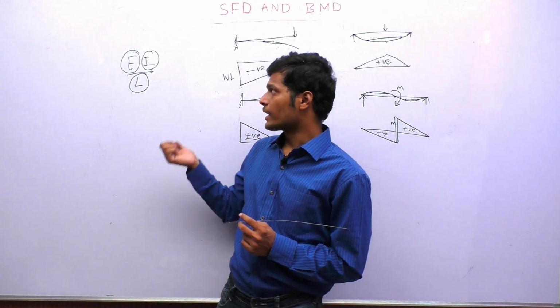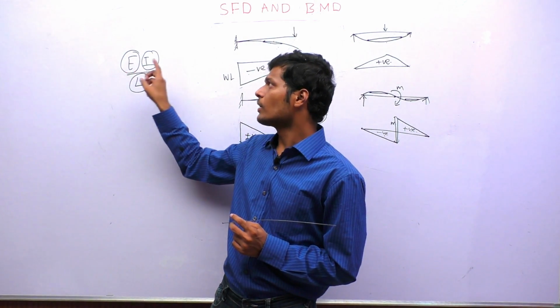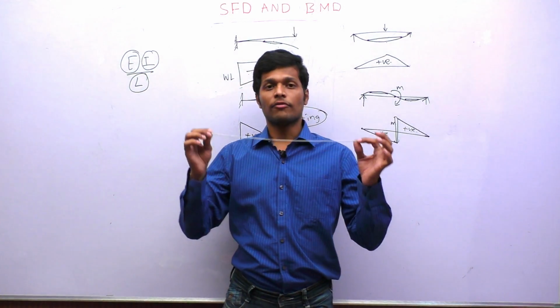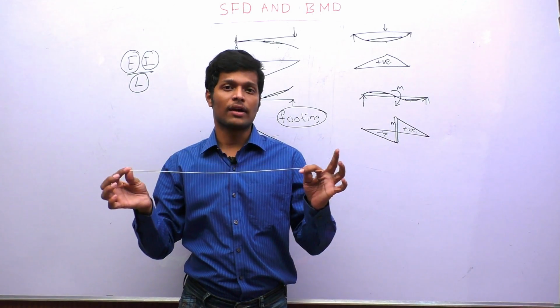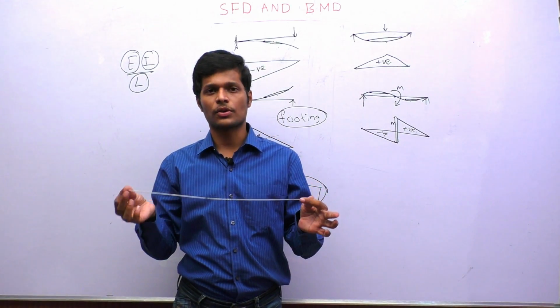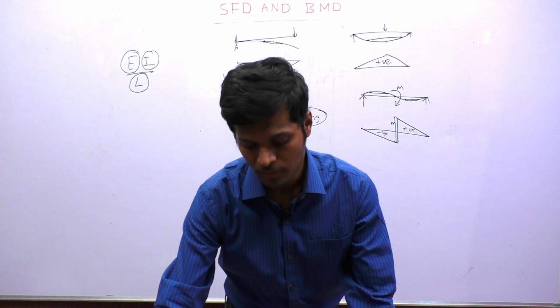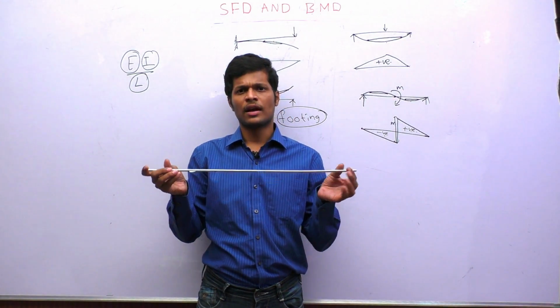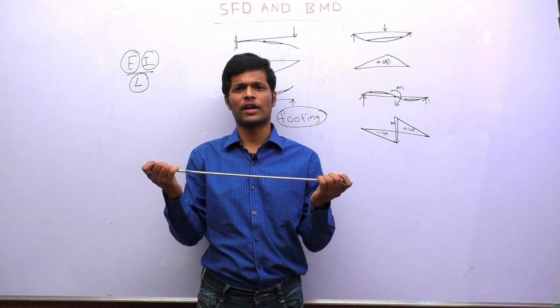So I have to choose a ductile material with less E value or less I value to show you the deflection. Okay. Suppose if I have taken a steel with more I value, I cannot bend it so easily. So if I have taken a steel rod like this, I cannot bend this easily to show you the deflection.